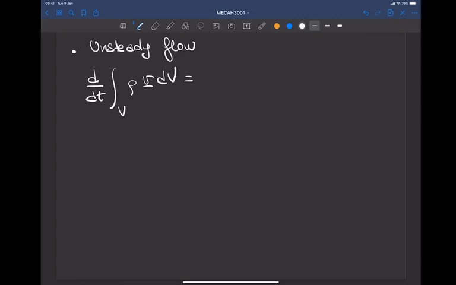So you see by the way that the product of rho and dv will be the mass, so you're actually considering the variation in time of mv, so this could be also written as d over dt of dm times v.